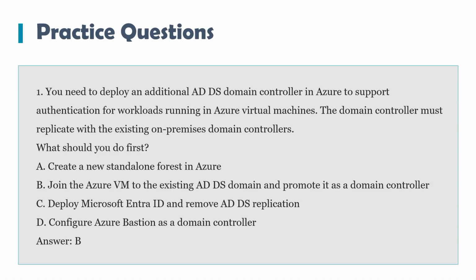B. Join the Azure VM to the existing ADDS domain and promote it as a domain controller. C. Deploy Microsoft Entra ID and remove ADDS replication. D. Configure Azure Bastion as a domain controller. Answer: B.